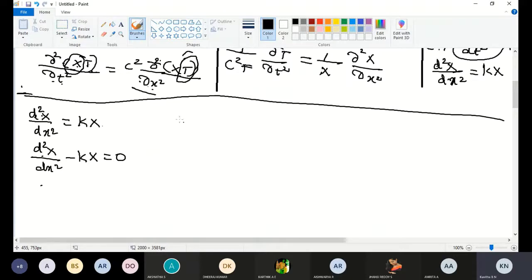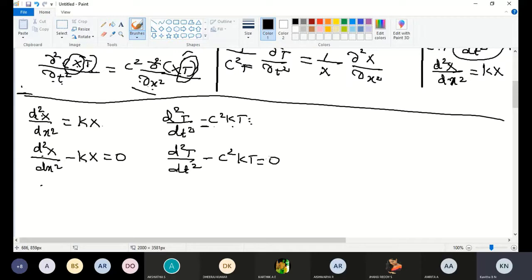That is d square capital T by dt square minus c square kT is equal to 0. Shifting to the LHS: d square T by dt square minus c square kT is equal to 0.